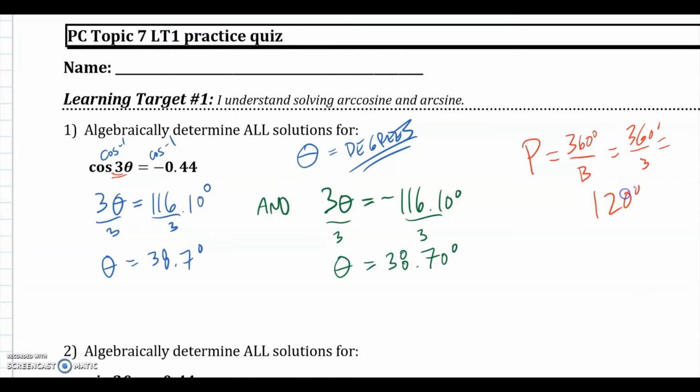Period is 120 degrees, a bit compressed by a factor of 3. We write that as 120 degrees n, or any group of 120 degrees, and we'll find other solutions. Something wrong about that. Oh, here we go. Here's what I missed. That should be negative 38.70. That's number 1.